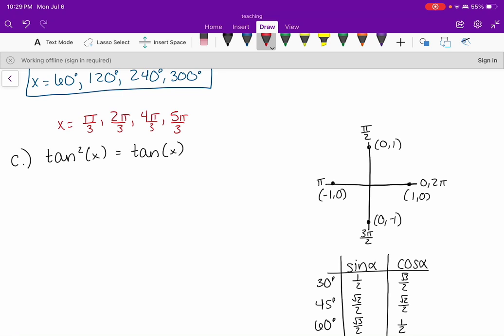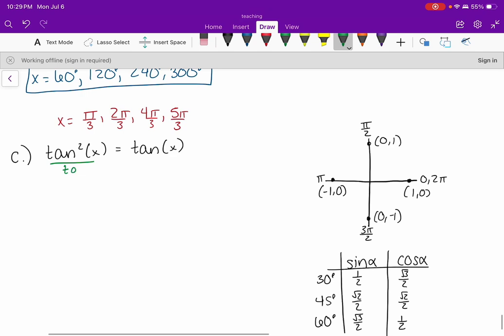I like this one a lot because I always see the same mistakes on it. Most people, what they will do with this one is they'll divide both sides by tangent, and they'll say, okay, I'm going to divide by tangent x, and that's going to give me tangent x equals 1.